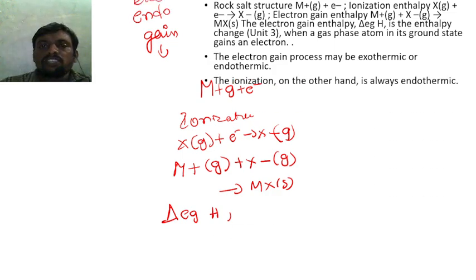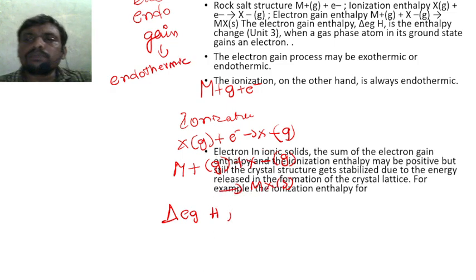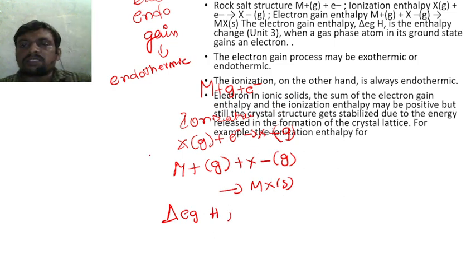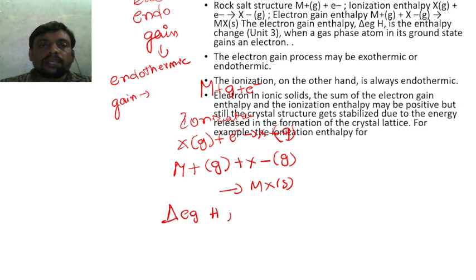Ionization, on the other hand, is always an endothermic process. Endo means inside, thermic means temperature. In ionic solids, the sum of electron gain enthalpy and ionization enthalpy may be positive, but still the crystal structure gets stabilized due to the energy released in the formation of the crystal lattice.